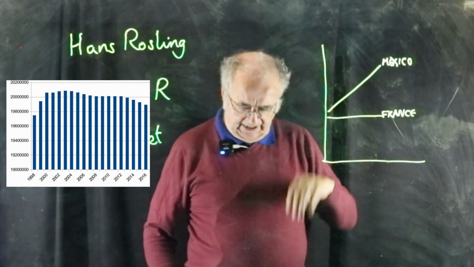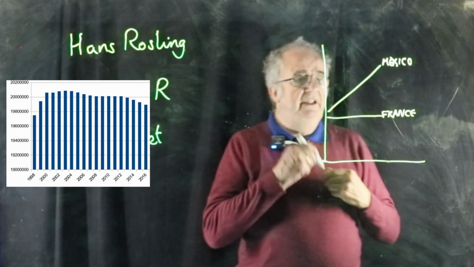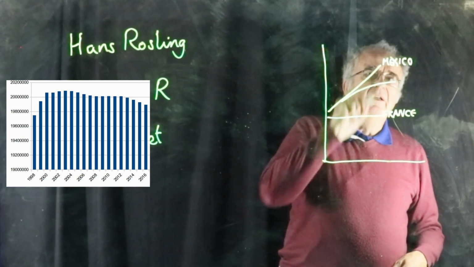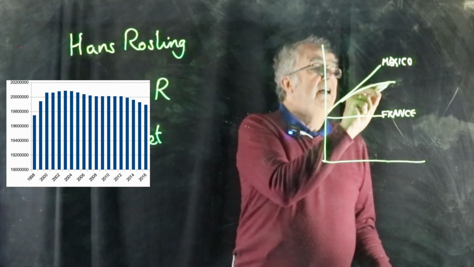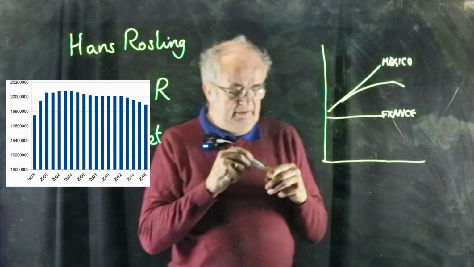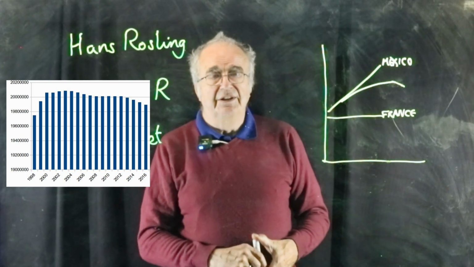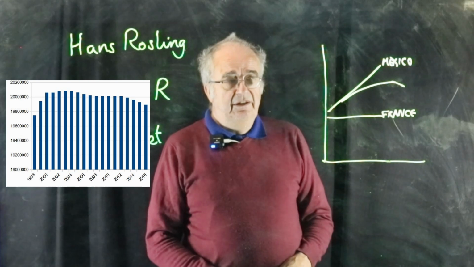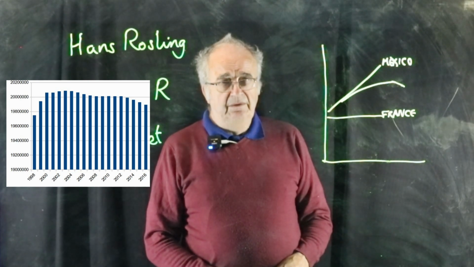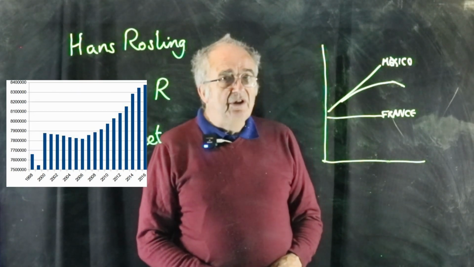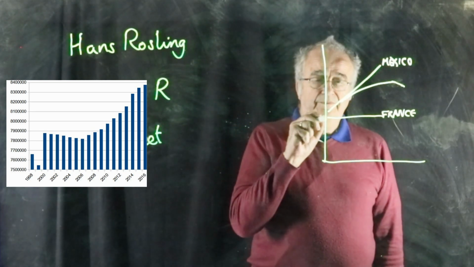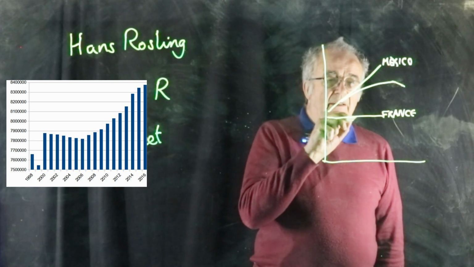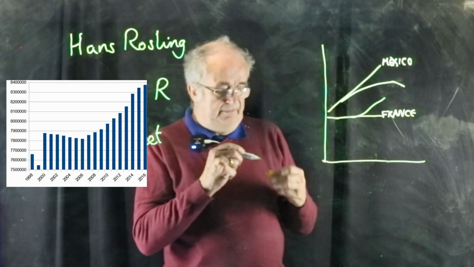the curve has leveled out. It actually goes this way and may even now be dropping. It may be looking more like France did 40 years ago. In contrast with that, France has started rising.